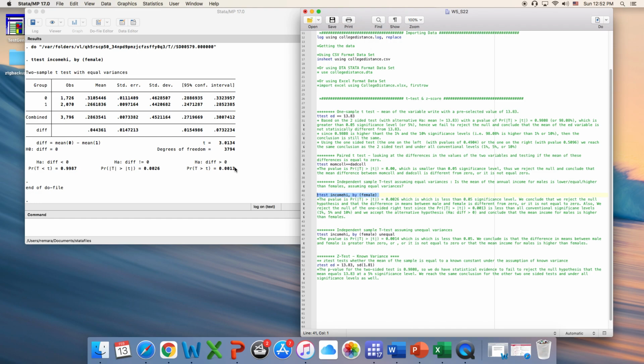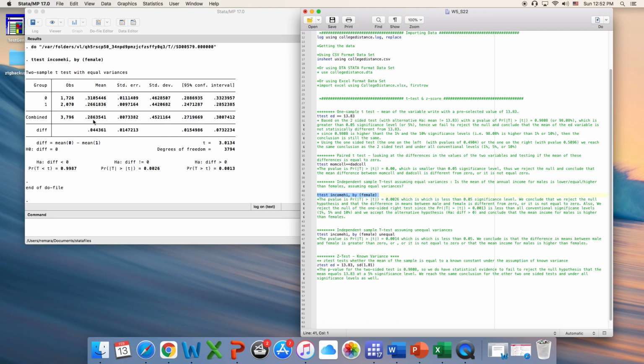The output that we get here is dividing the sample by gender: the mean of income for the males group, the mean of income for the females group. You can notice just from the data that this number is bigger, so the mean of males is higher than the mean of females, but you want to test it. So you want to perform a statistical test.